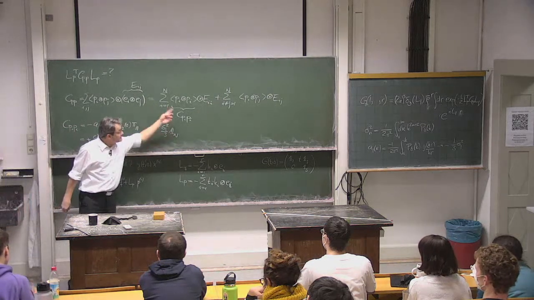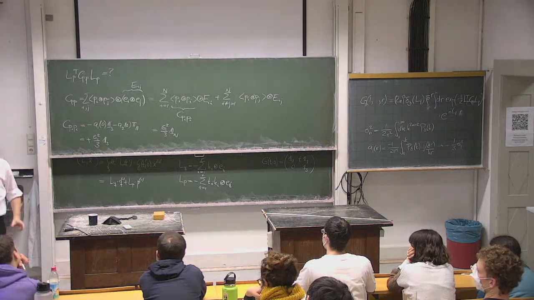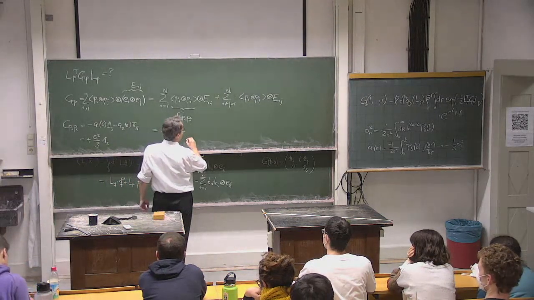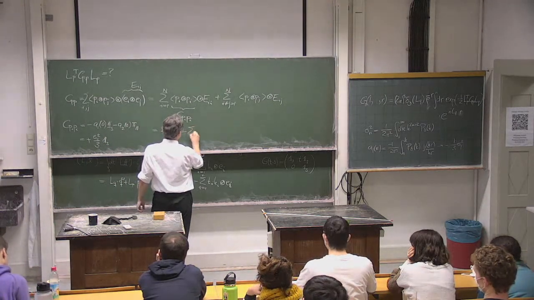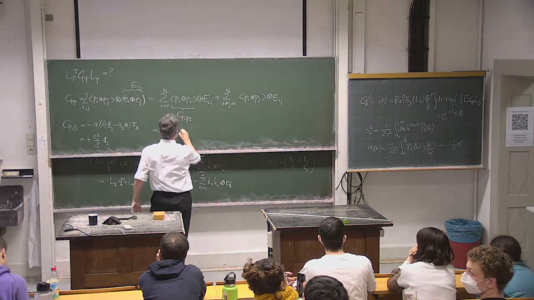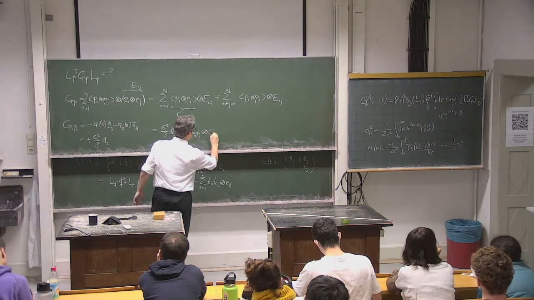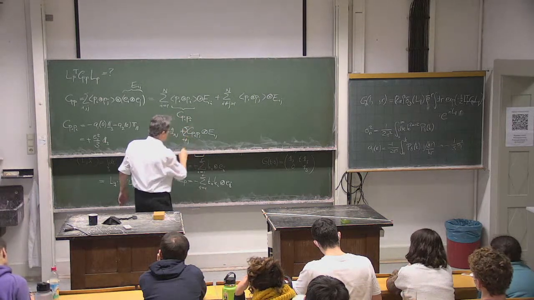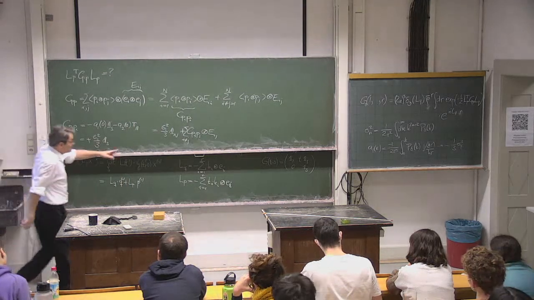This is the reason why it is advantageous to split off the equal particle contribution here, and then we have the different particle contribution. Plus C_PiPj E_IJ, and here is a sum over I different from J. So these are cross correlations of different momenta.